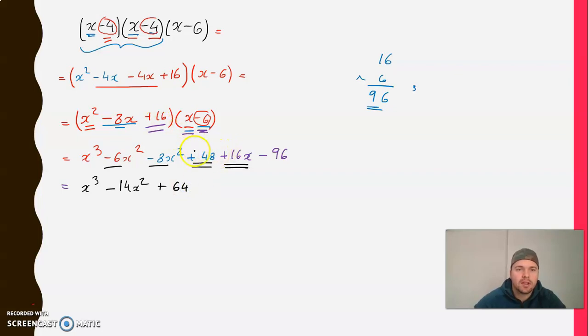Oh, am I missing an x there? I forgot that x in the 48x, because it's minus 8x times minus 6. Apologies for that. Plus 64x minus 96, and that should be your answer.